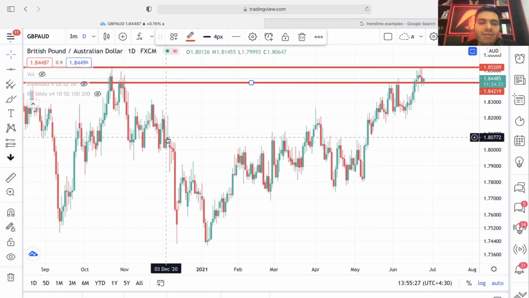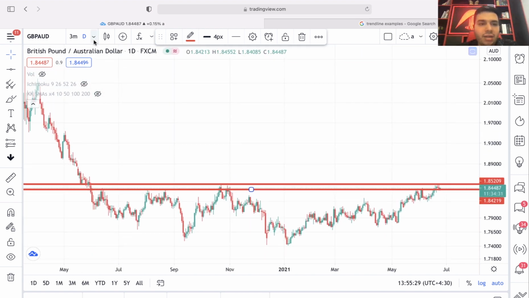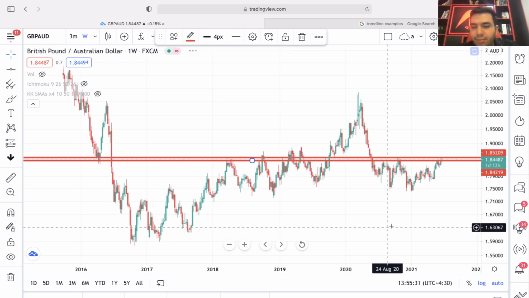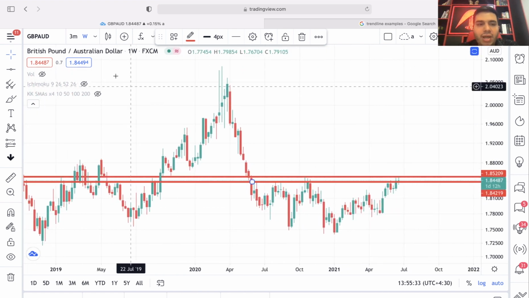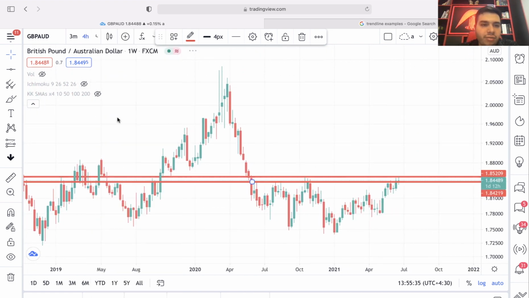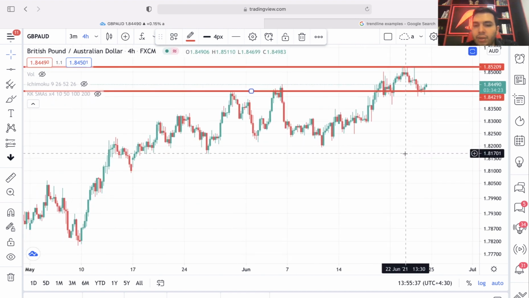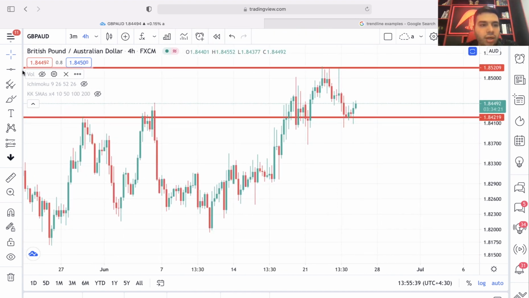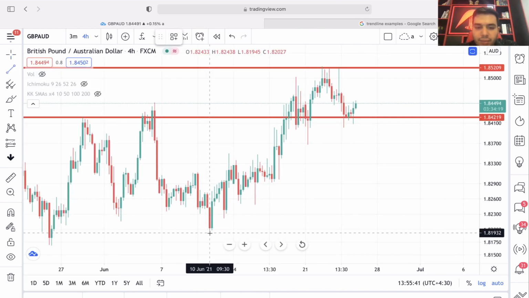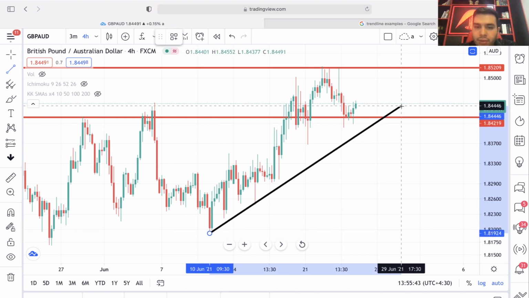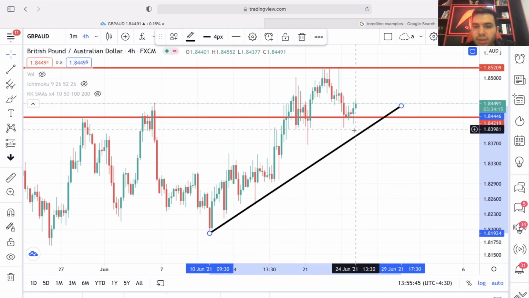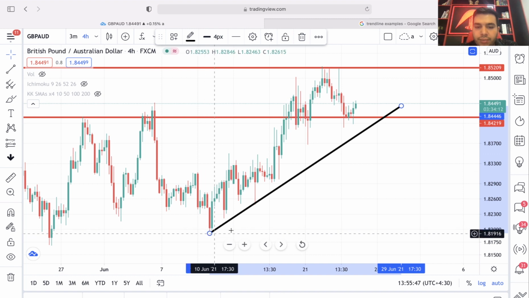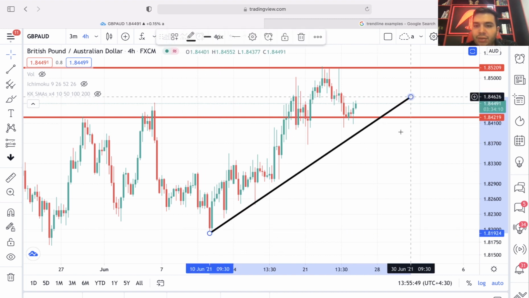But when should we enter sell position? So we have a strong resistance area on daily and weekly time frame. We can move to lower time frame, for example 4-hour time frame, and also we can draw this perfect trend line here, something like this. Okay, we have this perfect trend line.